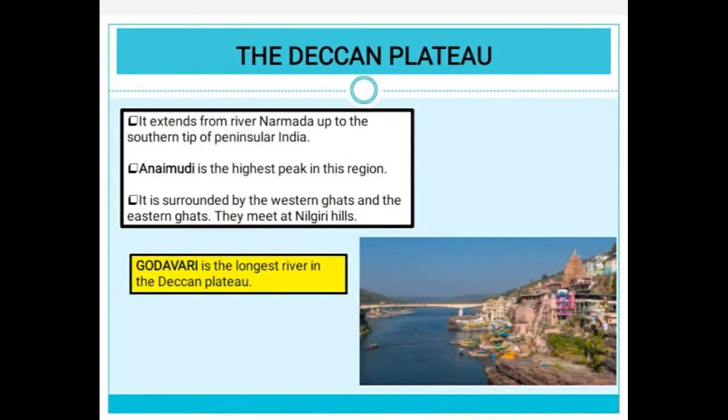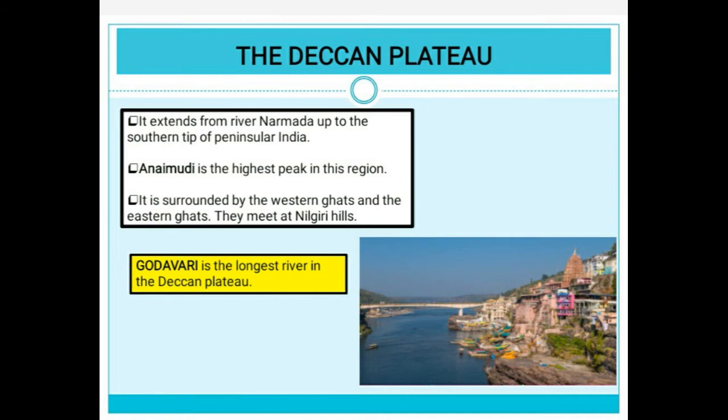The next one is the Deccan Plateau. It extends from the Narmada River up to the southern tip of peninsular India. Anaimudi is the highest peak in this region, and the Deccan Plateau is surrounded by the Western Ghats and the Eastern Ghats. You all know where the Western and Eastern Ghats are. These Ghats meet at the Nilgiri Hills, and many rivers such as Godavari, Krishna and Kaveri originate from the Western Ghats and flow eastwards.